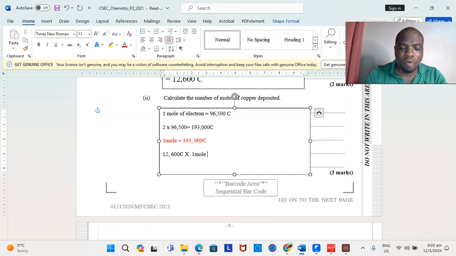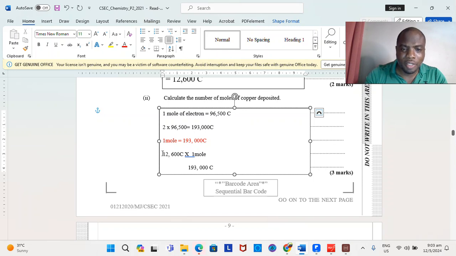It's going to be over 1 mole divided by the 193,000 coulombs.